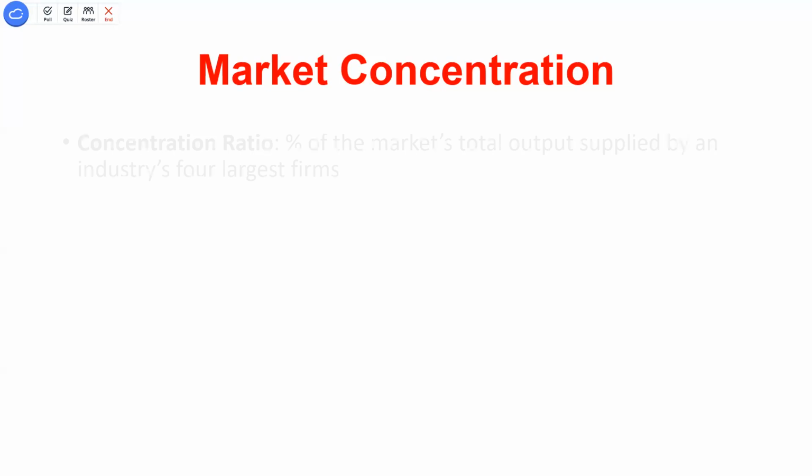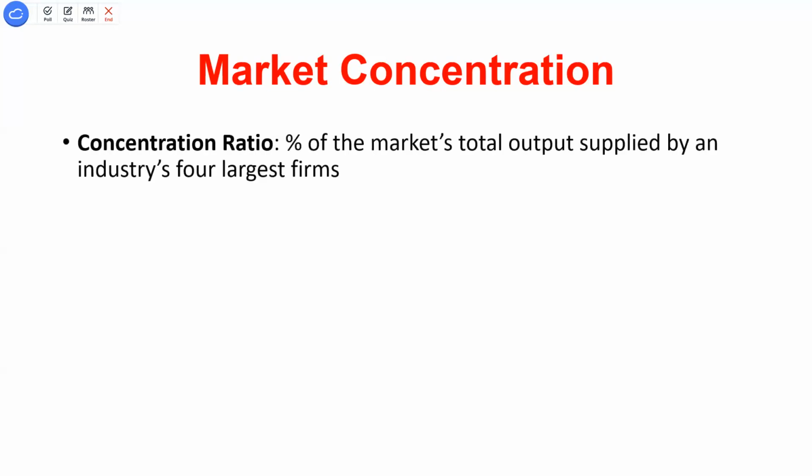So we can measure concentration ratios, which is just the percent of the market's total output that's coming from whatever firm we're looking at. When we look at that for every single firm and then add up the four largest firms, we call that our concentration ratio.